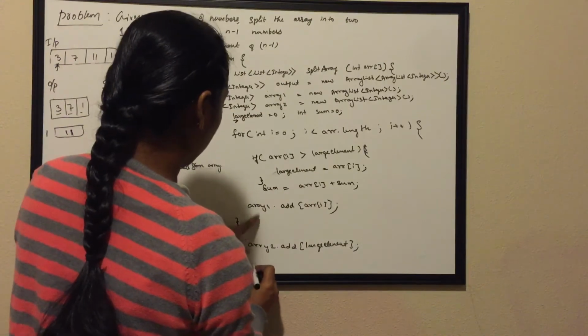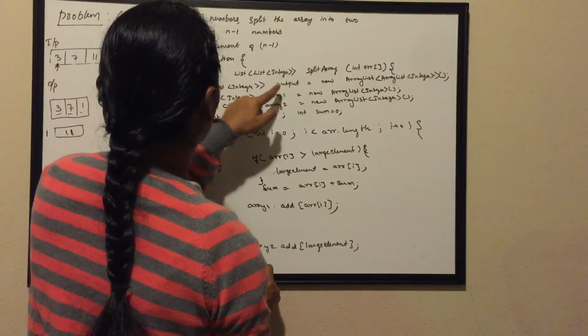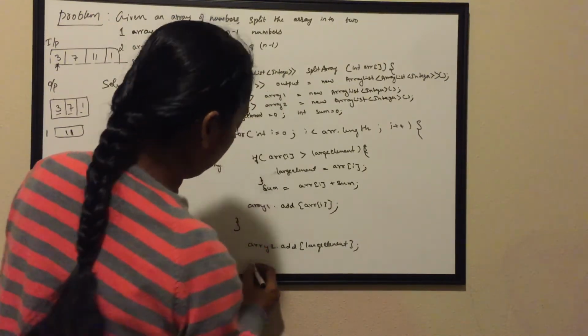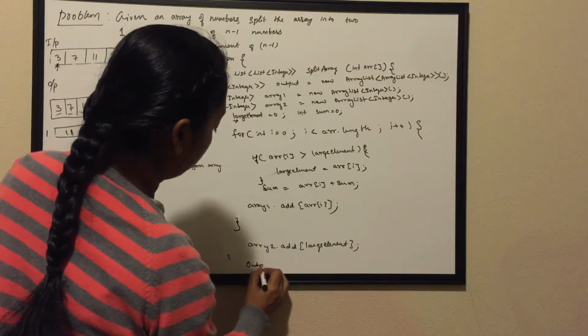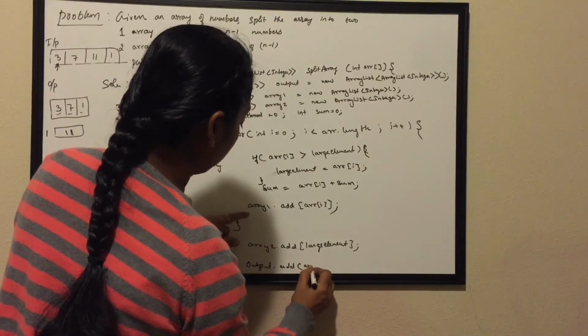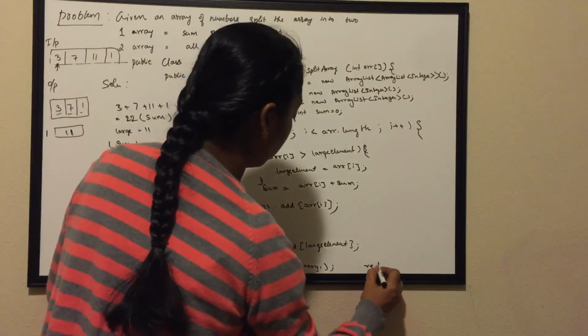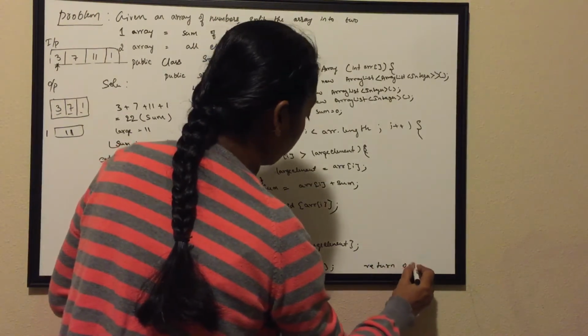Then array 1 and array 2, I can add it to one more output. So output dot add array 1, same thing, add array 2, and then return output.